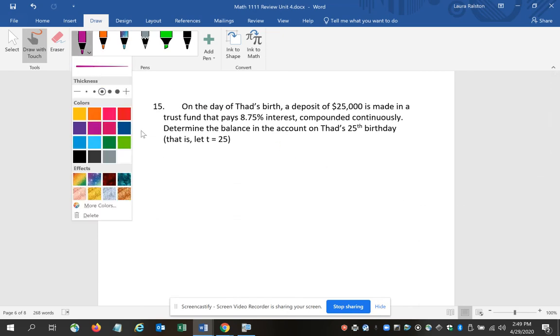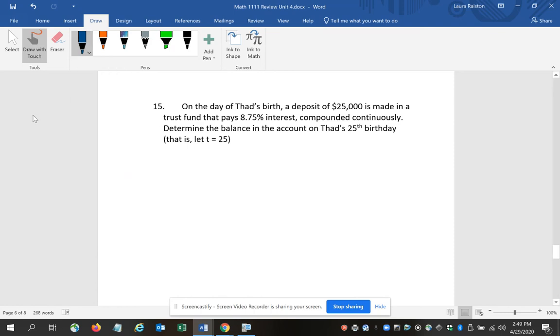All right, this problem says, on the day of Thad's birth, a deposit of $25,000 is made in a trust fund that pays 8.75% interest, compounded continuously. Determine the balance in the account on Thad's 25th birthday.